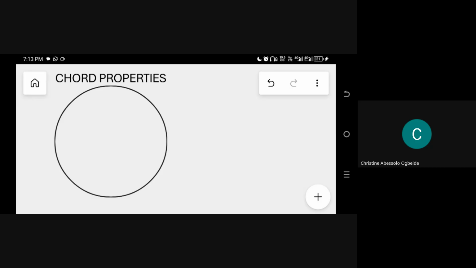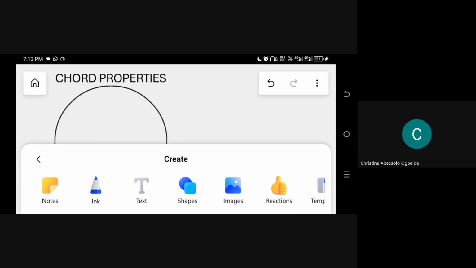Chord properties. When we started this whole topic, we talked about a chord and looked at what a chord is. Today we'll look at some of the properties relating to a chord.